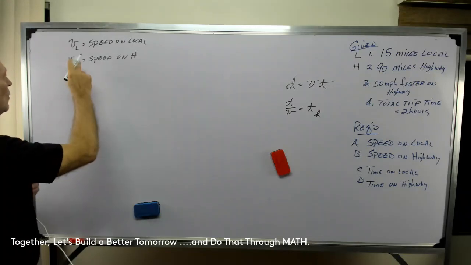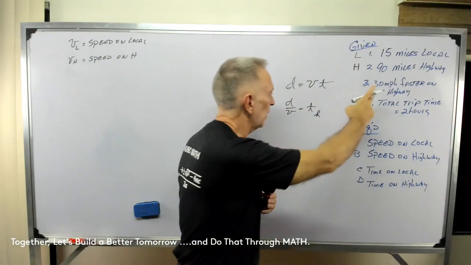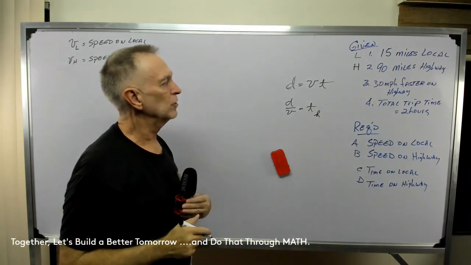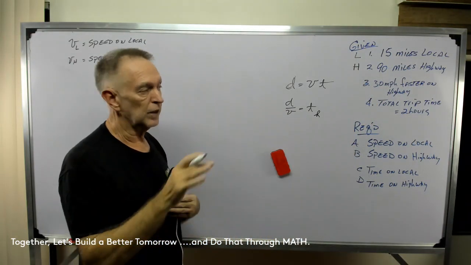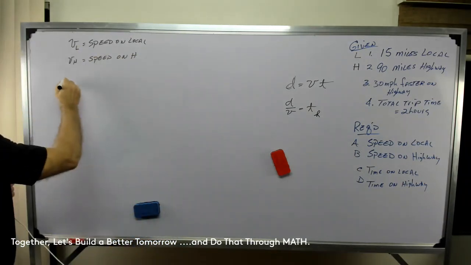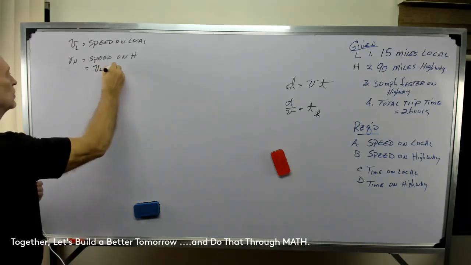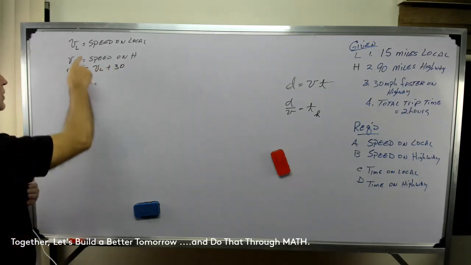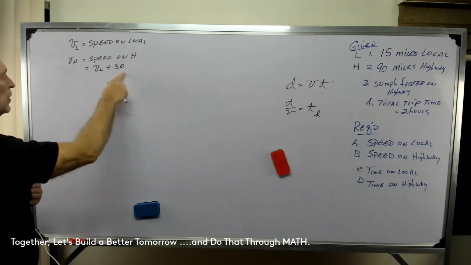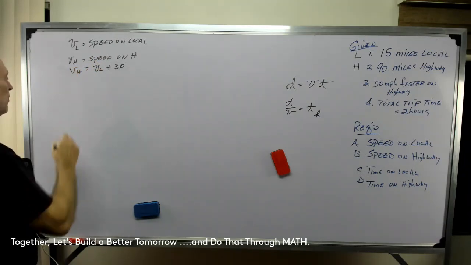But what did it tell me? It said I'm driving on the highway 30 miles per hour faster than on the local road. Okay? So that means V sub H equals V sub L plus 30. If this is the local road, 30 miles per hour faster is what V sub H equals.